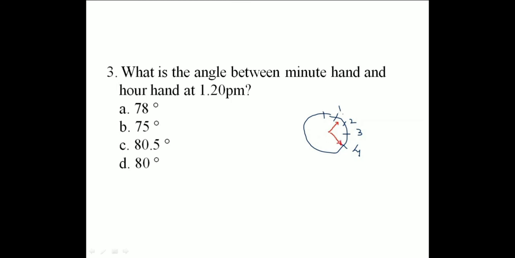If we consider 1 to 2 is 30, 2 to 3 is 30, 3 to 4 is 30, so total 90. 90 minus that angle. In between 1 and 2, how much is it? 90 minus, where is the minute hand? It is at 4. 4 means 20 minutes, 20 by 2. Always it will be like this, which means 80 degrees. Clear? Finally we have to subtract the position of the minute hand in minutes divided by 2.